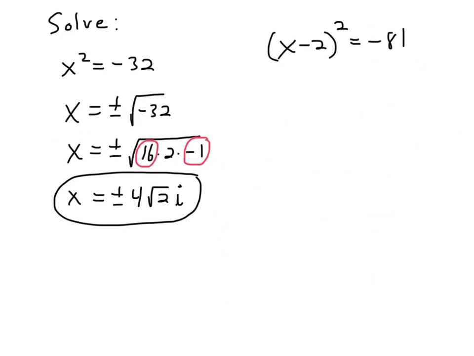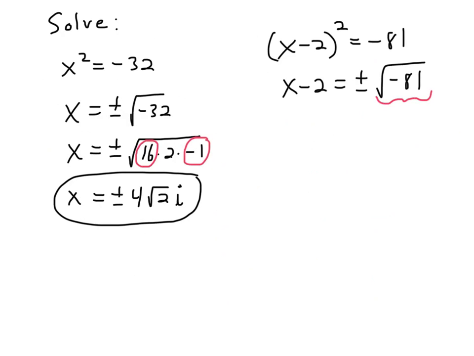Now let's try the equation x minus 2 quantity squared equals negative 81. So to solve this, the expression inside the parentheses, x minus 2, should equal the positive or negative square root of negative 81. Now, the square root of negative 81 is an imaginary number because, again, it's the square root of a negative number.